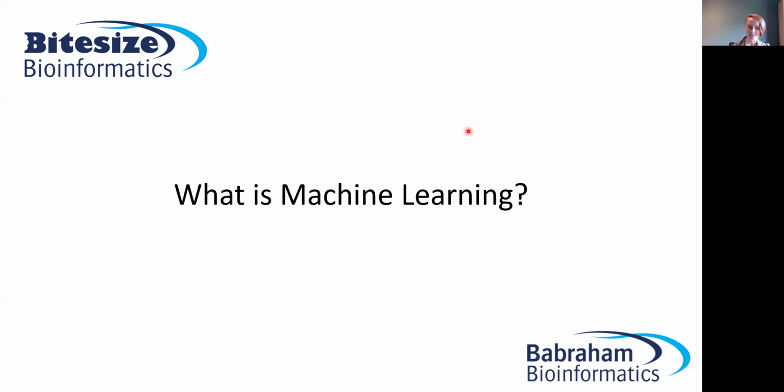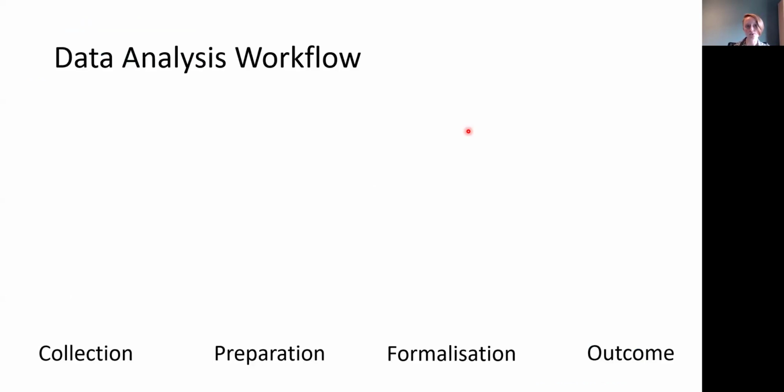So a good place to start, I thought, is what is machine learning? So we've all heard about it, it's mentioned a lot, but what actually is it? And how does it compare to our usual data analysis workflow? So in a usual data analysis workflow, we will go through collection, preparation, formalization, and we will get some kind of outcome from this.